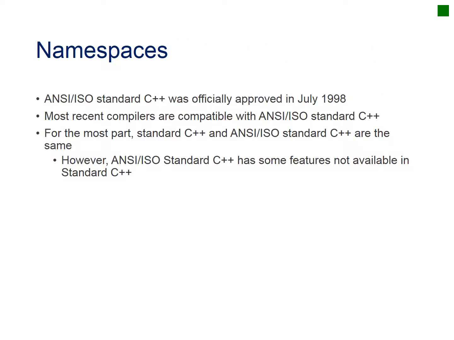Namespaces. Consider this example. You might be writing some code that has a function called XYZ, and there is another library available which also has the same function XYZ. Now the compiler has no way of knowing which version of the XYZ function you're referring to within your code.